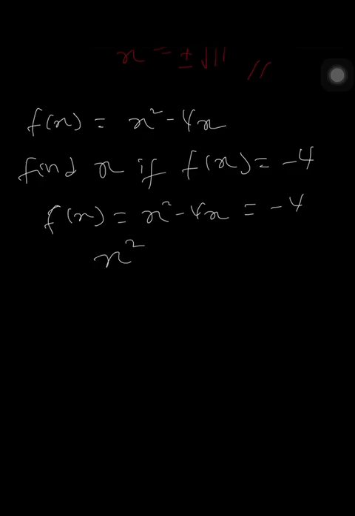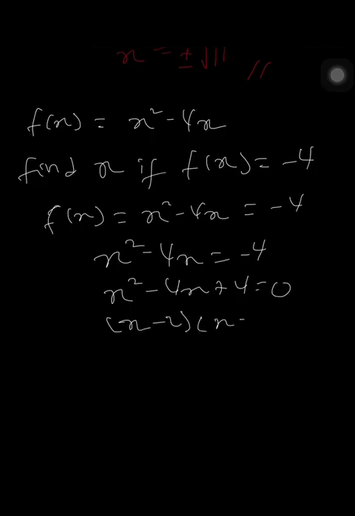So therefore x squared minus 4x is equal to negative 4, and x squared minus 4x plus 4 is equal to 0. We can factorize this and get x minus 2 multiplied by x minus 2 is 0. x minus 2 squared is 0. So x is equal to 2.